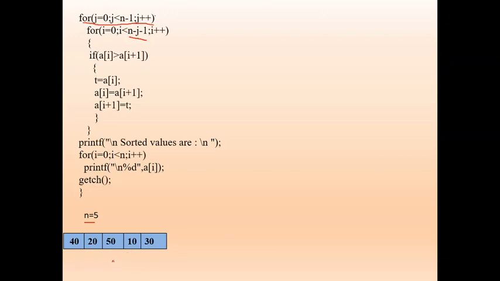If I want the sorting order in ascending order, ascending order means 10, 20, 30, 40, 50. If I have 3 numbers, 4 numbers, 5 numbers, easily I can sort. If I have more numbers, it is very difficult. So I want to make this process automatic.